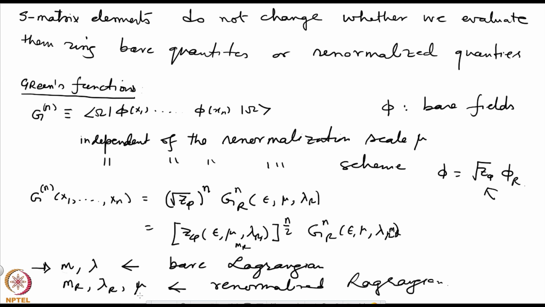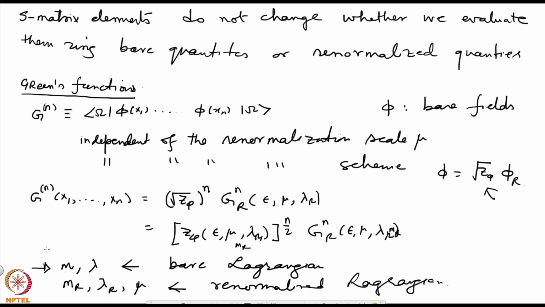Meaning your new choice of mu and accordingly adjusted values of lambda r and mr should give you exactly the same physical mass as you had earlier, and the same values for other observables, so that you can claim that you are still talking about the same theory and not a different theory.